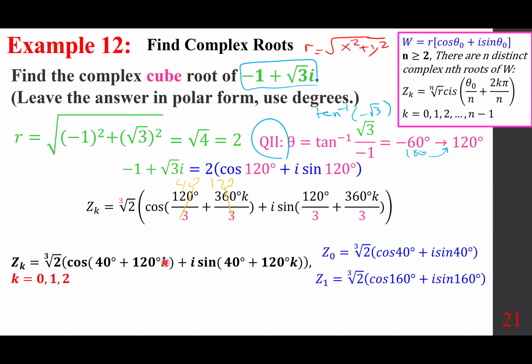If I replace the k with 2, 2 times 120 is 240, with 40, I get 280. So cube root of 2 cis 40, cube root of 2 cis 160, cube root of 2 cis 280 degrees.